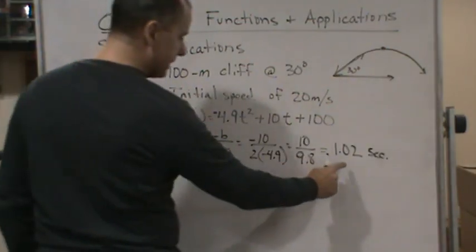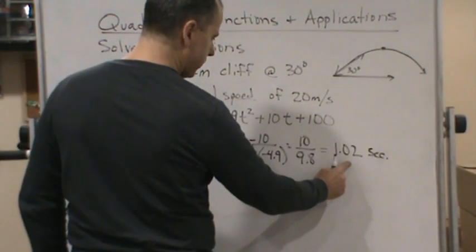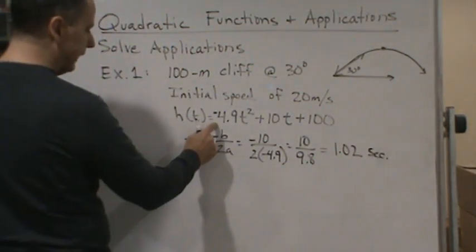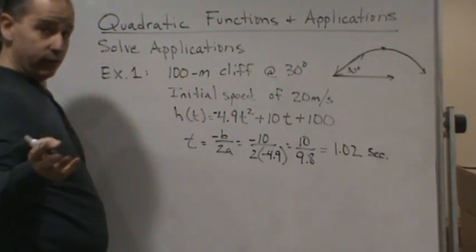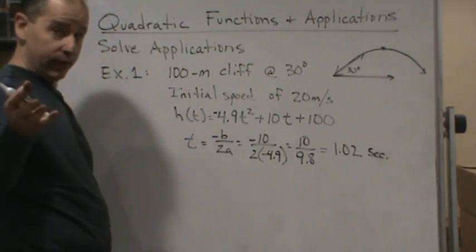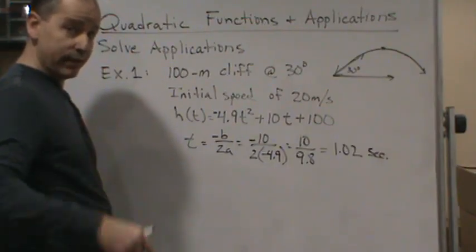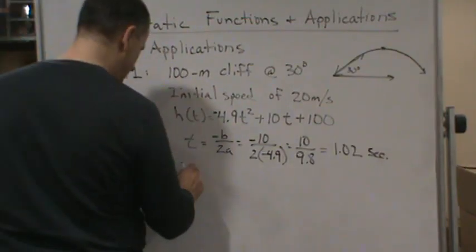So all we have to do is take the 1.02 seconds, plug it into our function, plug and chug, and then they want us to round to the nearest meter, okay? So let's do that.